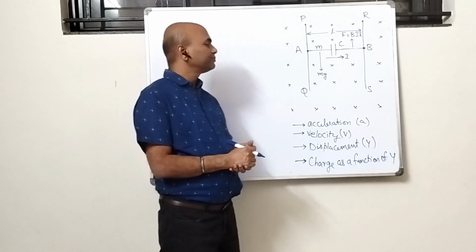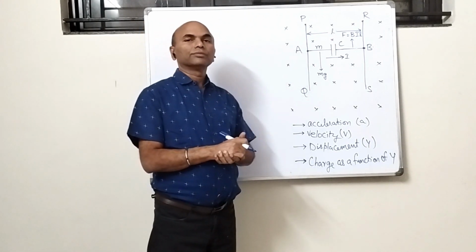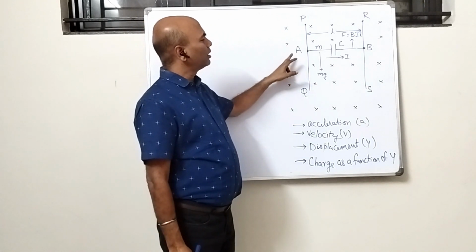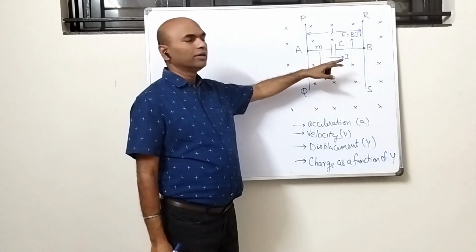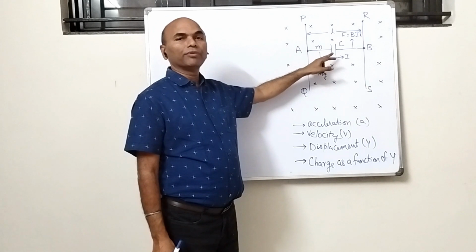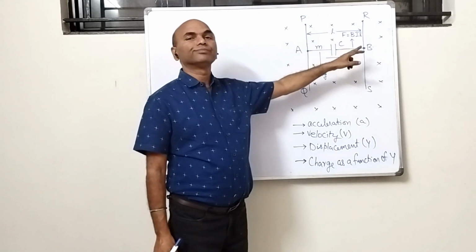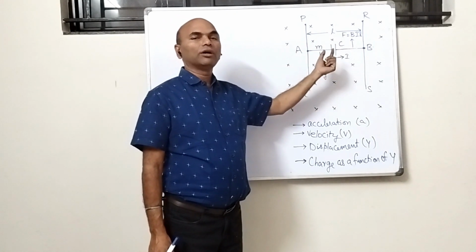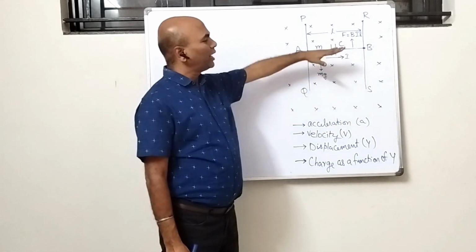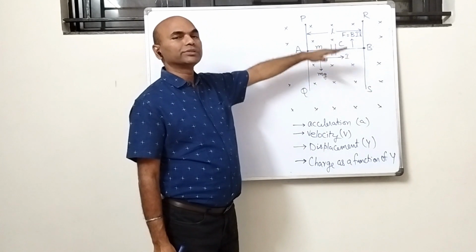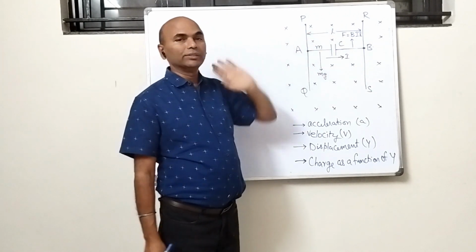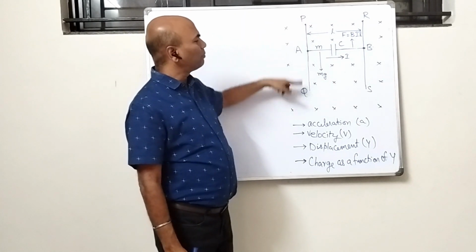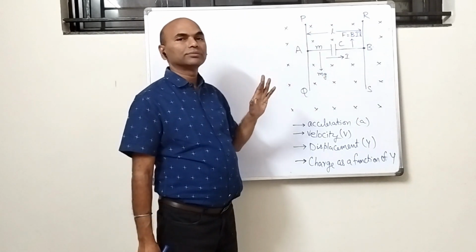Now let us consider the application of motional EMF where we have a conducting wire with a capacitor in between in the form of AB. So AB is a conducting wire with a capacitor of capacitance C in between, and let us assume it can slide over two parallel rails, which are PQ and RS.